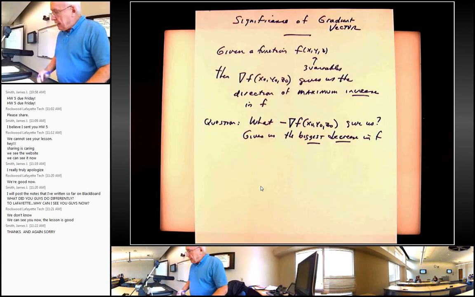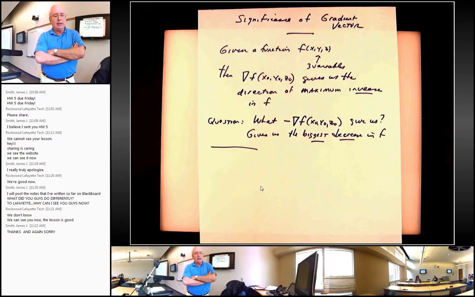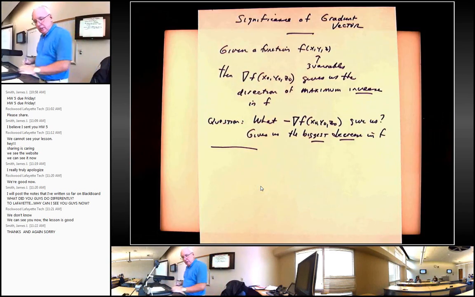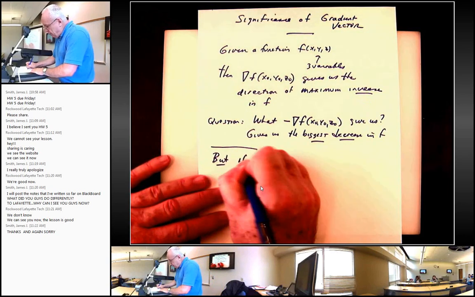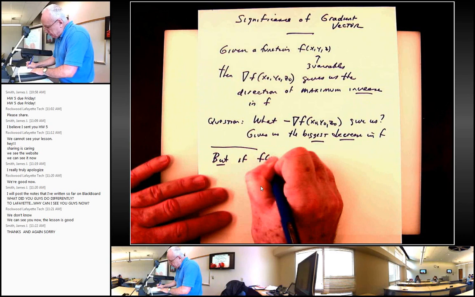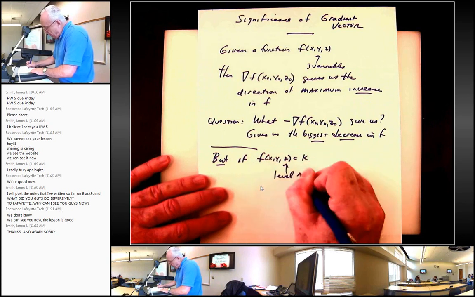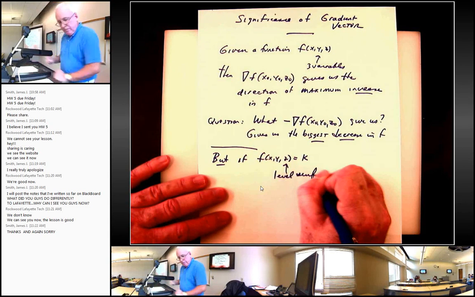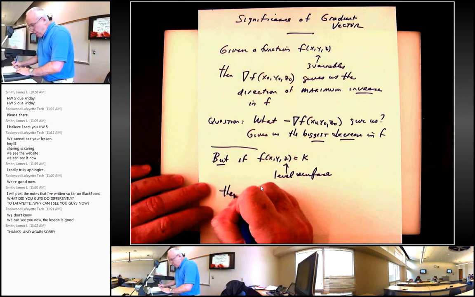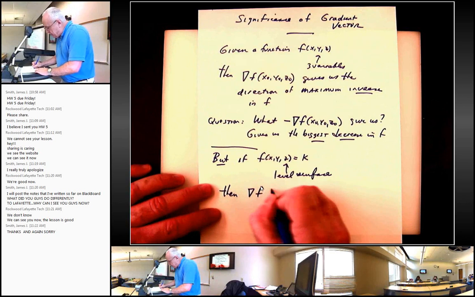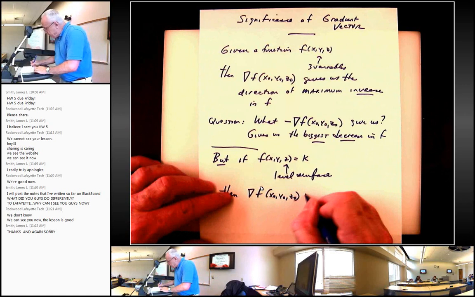Okay, now, so that's one significance of the gradient. We've already talked about that several times. But now we have this other thing. But if we have a level surface, then we just found out, then the gradient of f at some point is perpendicular to the surface.